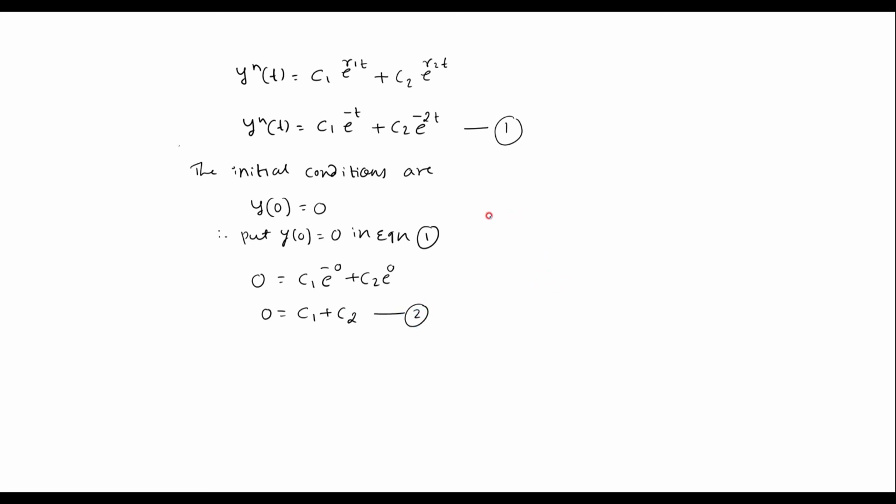Another initial condition is given, that is dy(t)/dt at t equal to 0, its value is 1. So now we'll take the first differentiation of yn(t), that is differentiate equation 1.